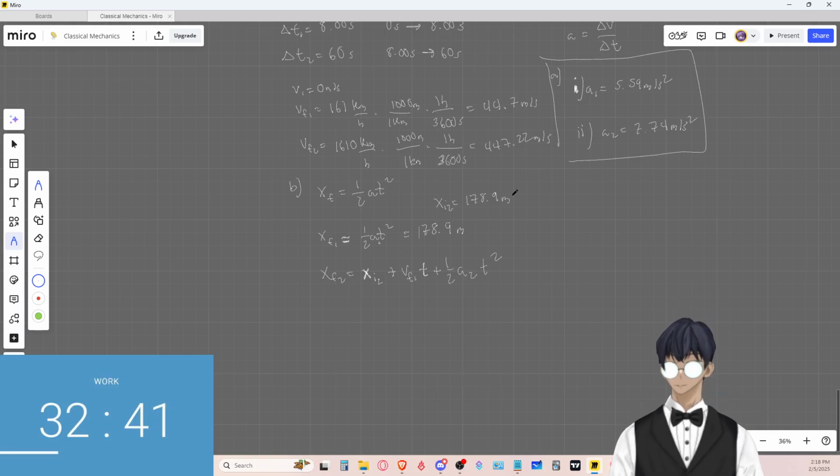All right. So next we have to implant the other accelerations, because that acceleration changes. So this plus the original velocity, which is 44.7 times.